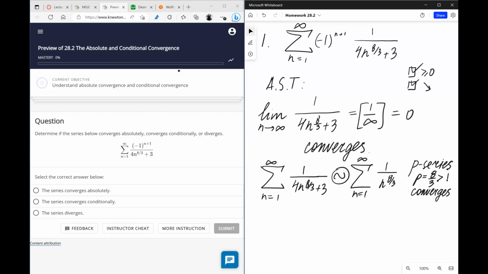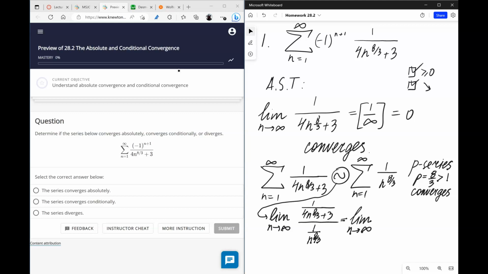To establish this, we find the limit as n goes to infinity of the general term of the original series divided by the general term of the series against which we make the comparison.